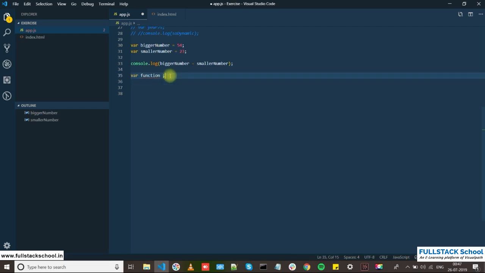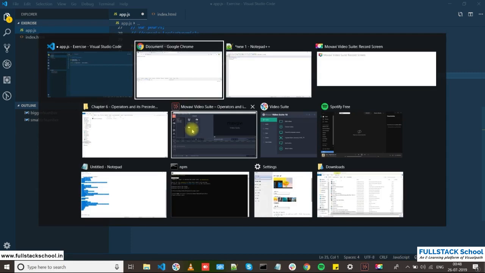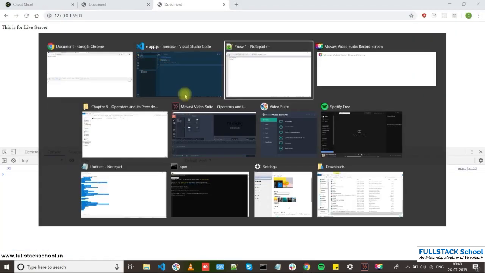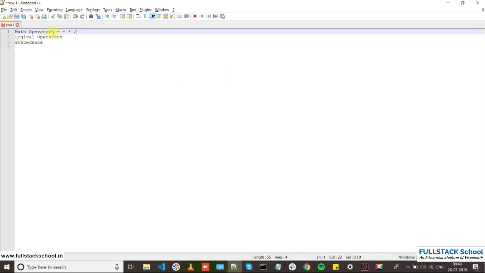You can't use if or else either. These are reserved keywords in JavaScript. That takes us to the next topic, logical operators.